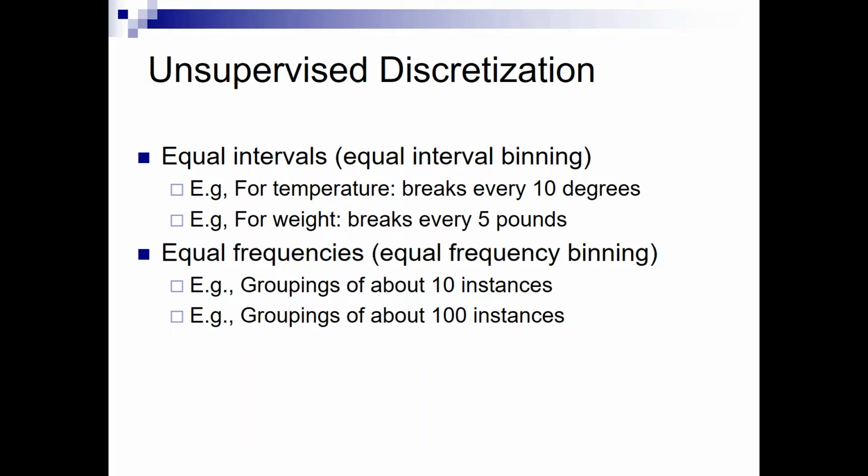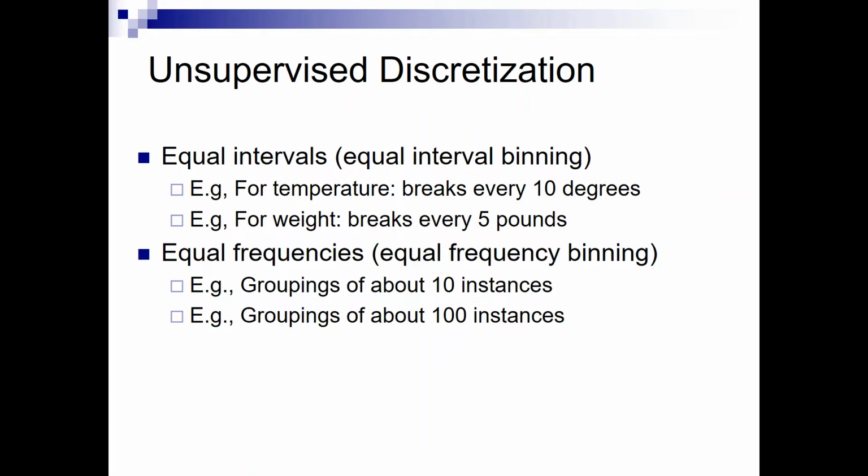So let's say it's temperature and half of your instances are below 70 degrees Fahrenheit and the other half are 70 degrees Fahrenheit or above. Then with equal frequency binning into 2 bins, you could break at 70 degrees Fahrenheit and you would have 2 values, one representing less than 70 degrees Fahrenheit and the other everything else.